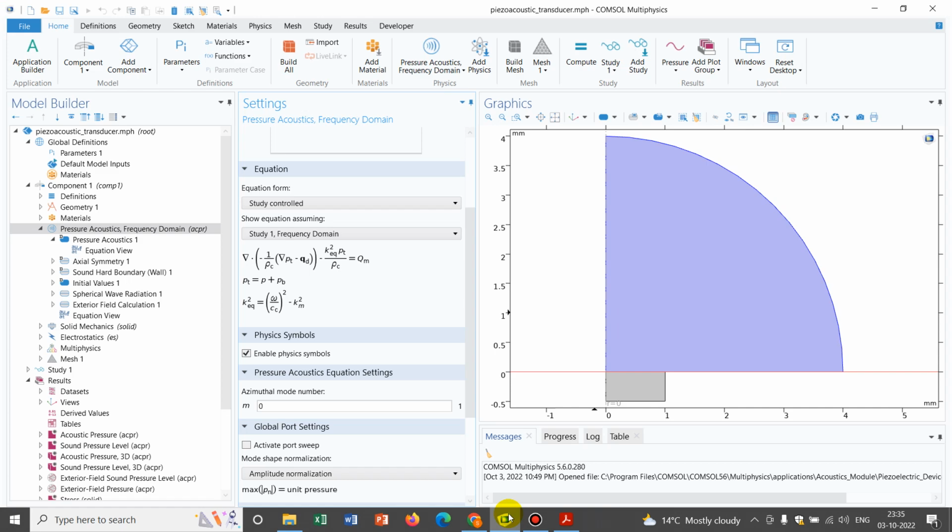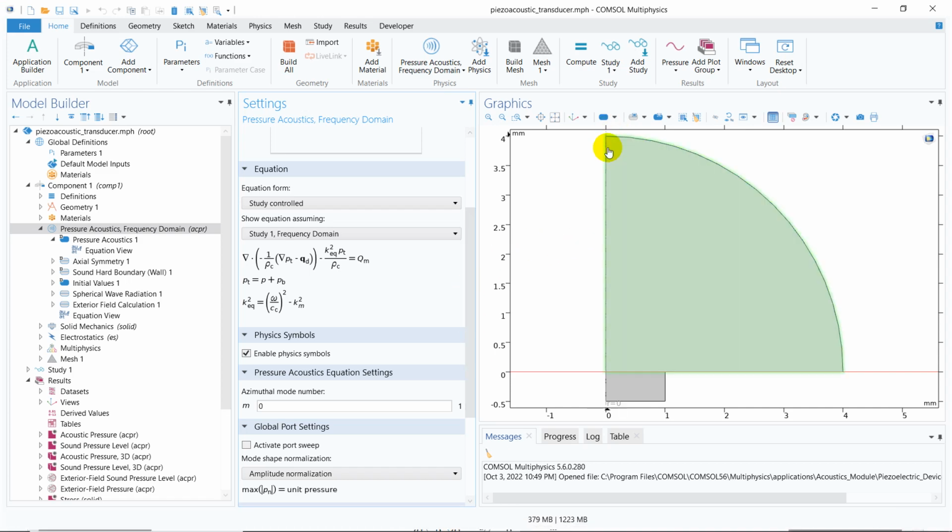So here if we again look back, this is our axisymmetric case, so we should have this particular expression of k_m, and again k_m equals m by r, where m is the azimuthal mode number. For this particular case we have considered k_m equal to 0 because m is taken as 0, so we don't have this expression, and k equilibrium becomes omega by c_c.